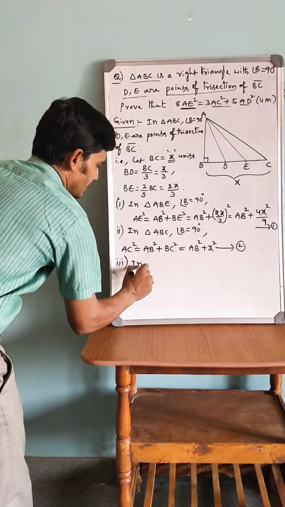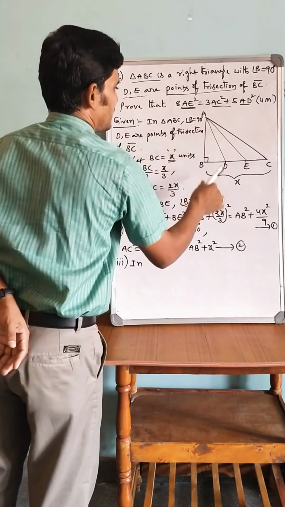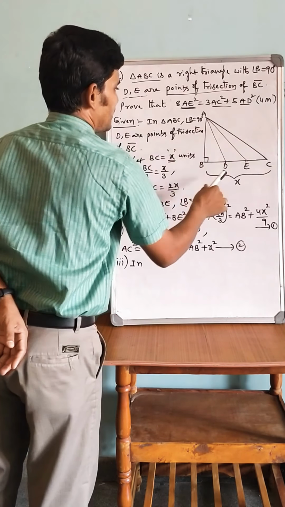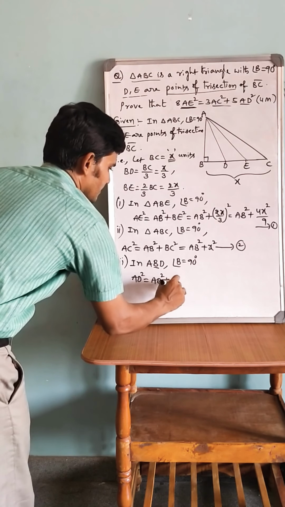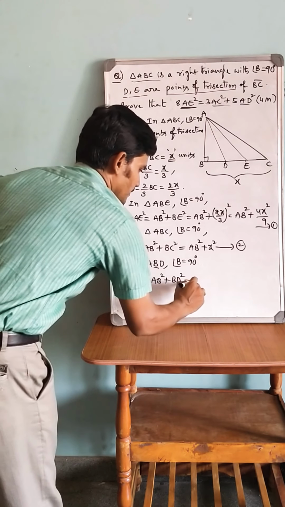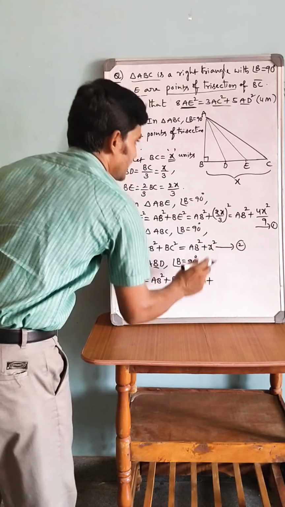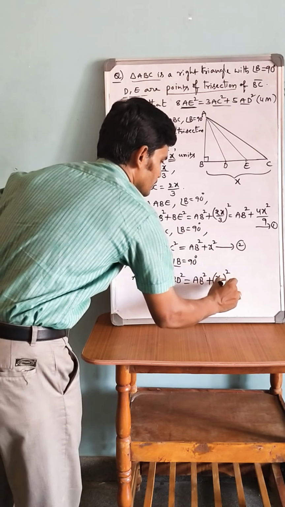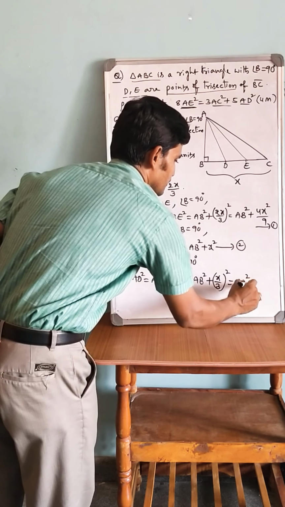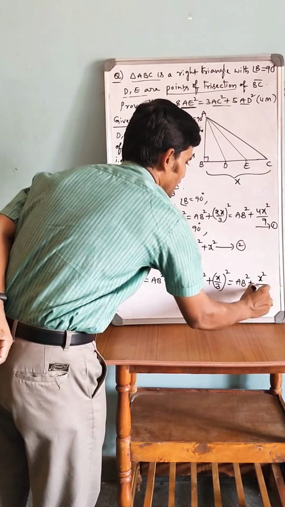Next, go for the third right triangle. What is the third right triangle? The one having hypotenuse AD, that is the smallest right triangle. In triangle ABD, angle B is equal to 90 degrees. Then AD is the hypotenuse. AD square is equal to AB square plus BD square, that is AB square plus (x by 3) whole square, which is equal to AB square plus x square by 9.